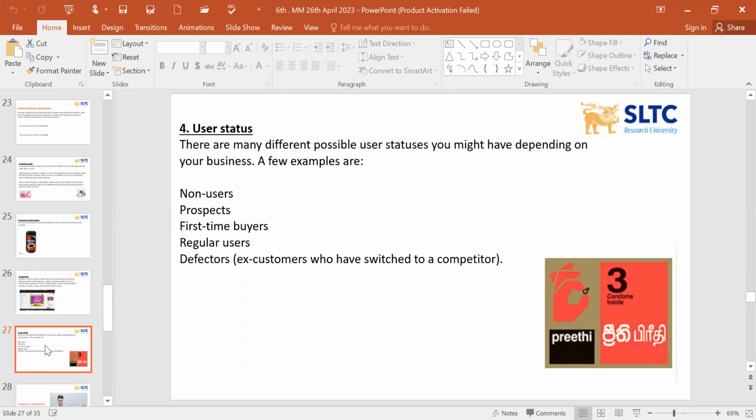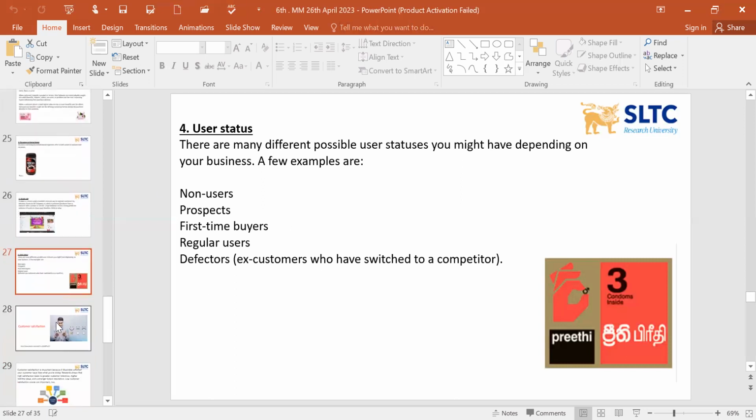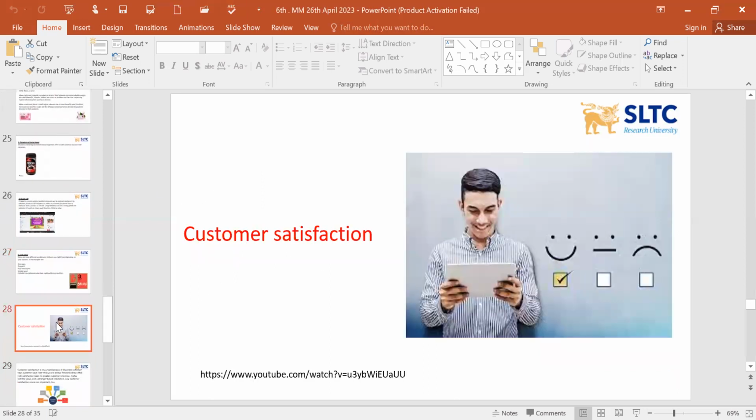So user status, is he a non-user? Is he a prospect? Now in insurance, we have a concept called converting a suspect into a prospect. So user status, now he's not active, right? So you can make him active. So you can segment on that basis. And also we have to look at how the consumer gets satisfied.